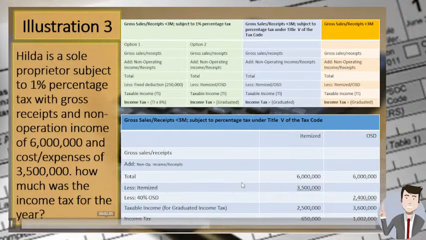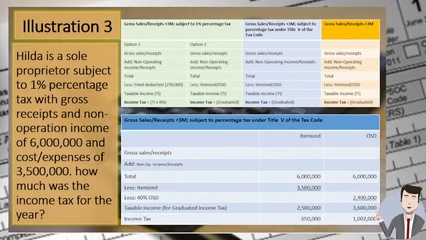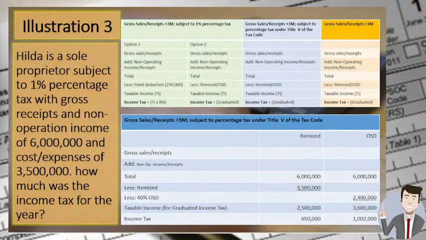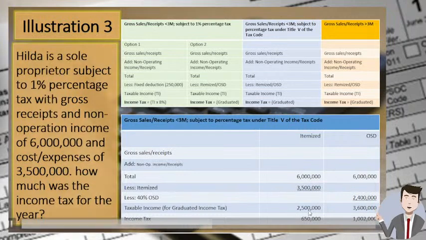For OSD, that is 6 million gross receipts and other income multiplied by 40%. That is 2,400,000. That is the allowed deduction of Miss Hilda if she opted to select the optional standard deduction. So the taxable income will be 2,500,000 for itemized deduction and 3,600,000 for OSD.